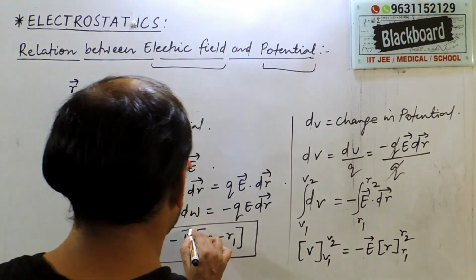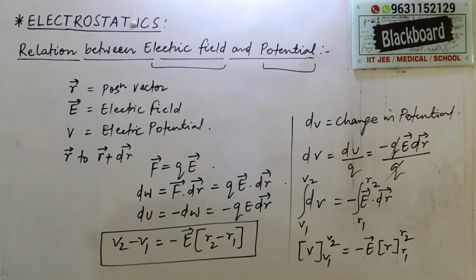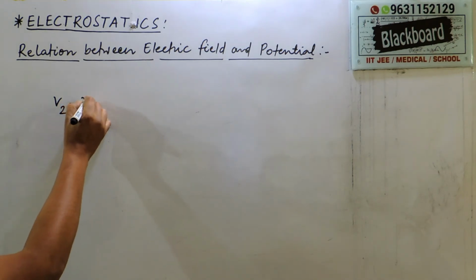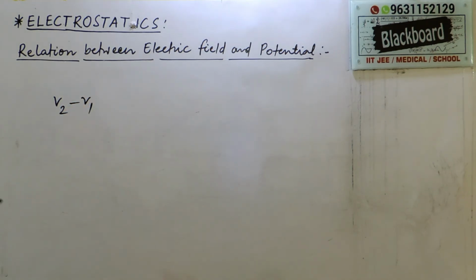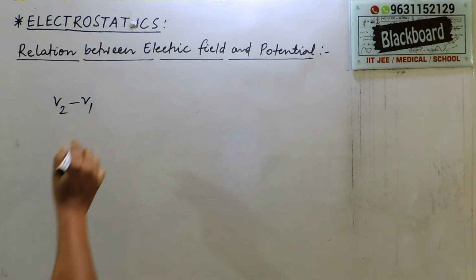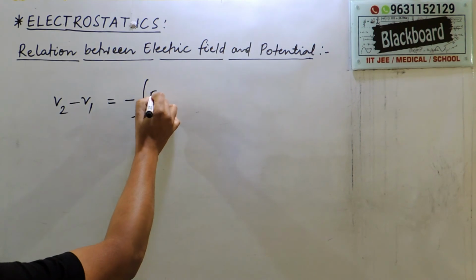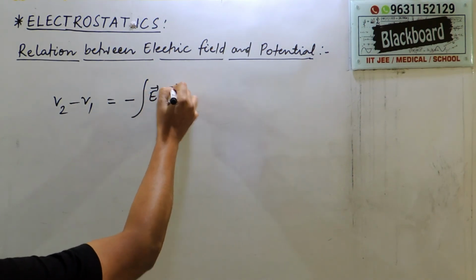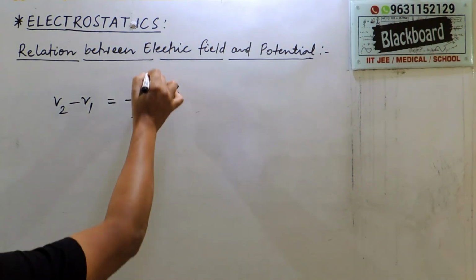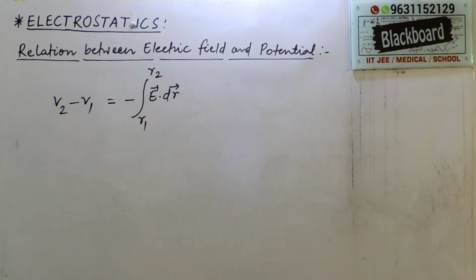This will be a vector sign. You can write V2 minus V1, where V1 and V2 are the potential at positions R1 and R2, is equal to negative of integration E dot dr, from R1 to R2.